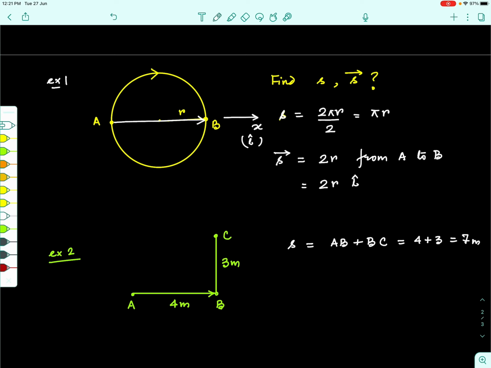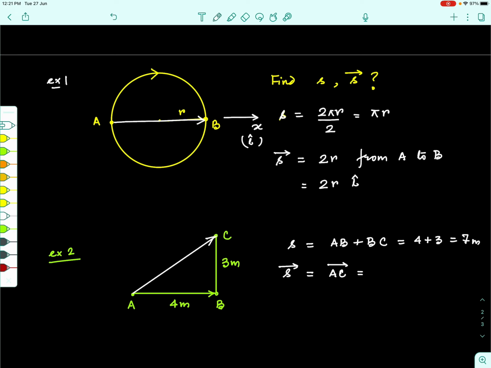For the displacement, we have to join, using a straight line, the initial position with the final position. See that initial position is A, final position is C. So when we join the two, this is our displacement vector, the vector AC. How do we express vector AC as our displacement vector? The displacement vector S, which is nothing but the vector AC. Do you understand?